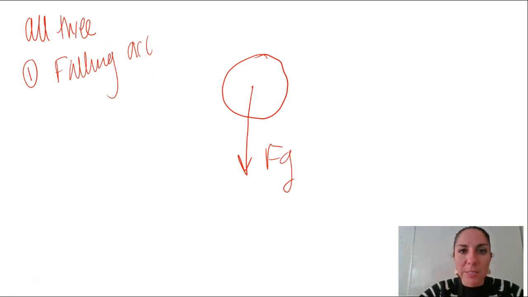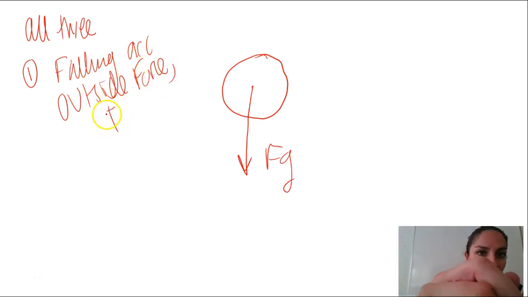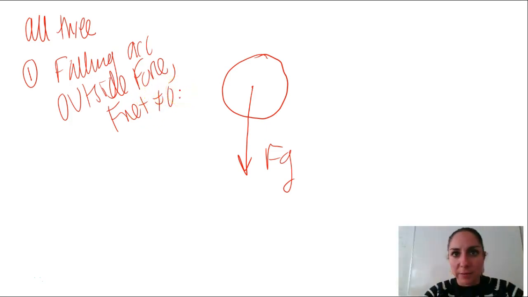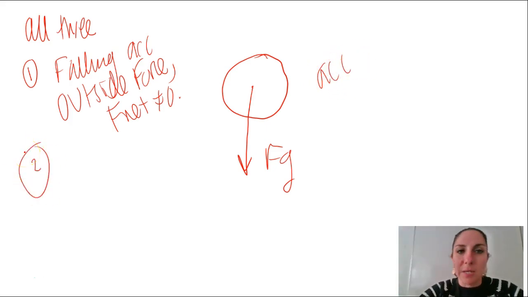Because this object is accelerating, there must be an outside force, or a non-zero net force, which is exactly what we have here. This thing in free fall, we say that's an acceleration. So Newton's first law checks out.